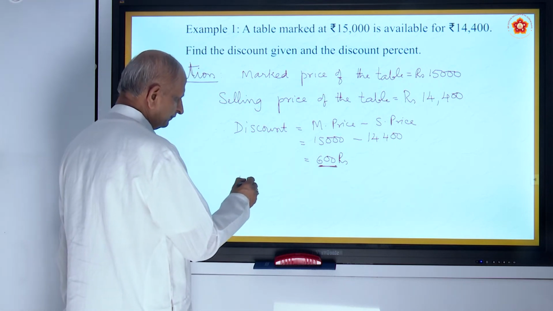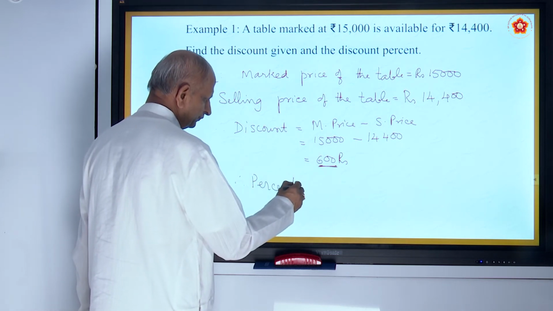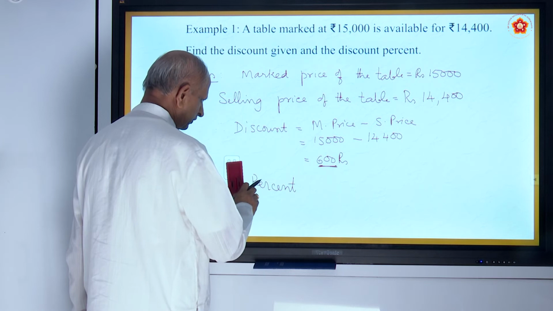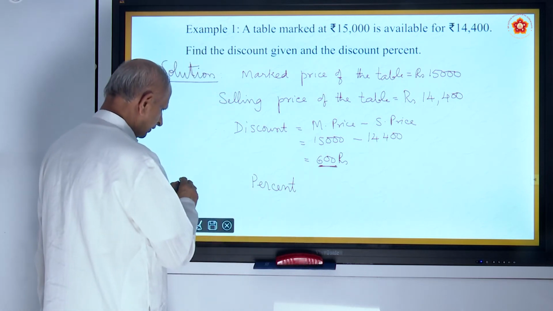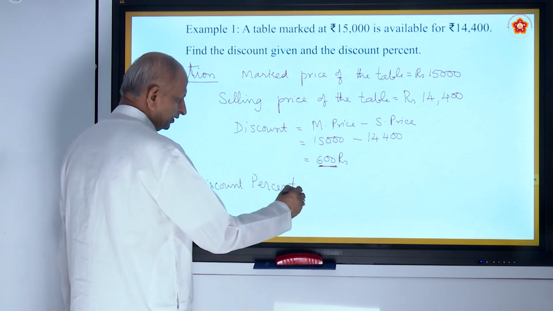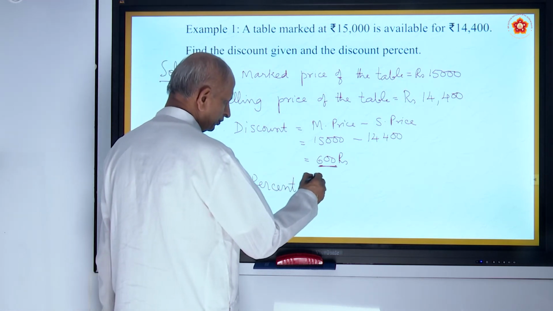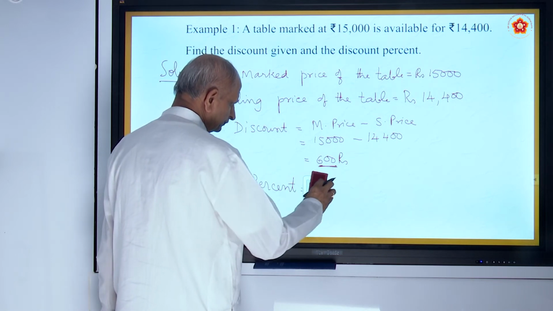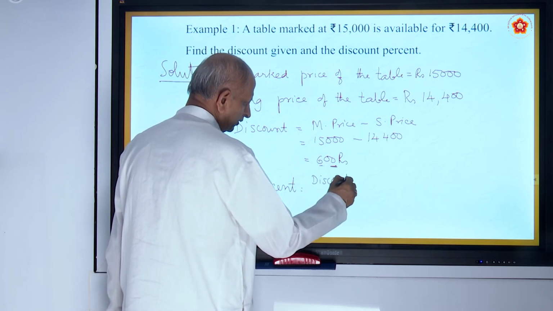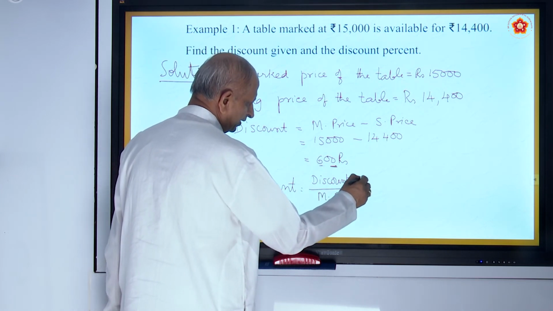And then the next one is discount percent. The discount is calculated on the market price. So, discount divided by market price into 100, that is the percent.